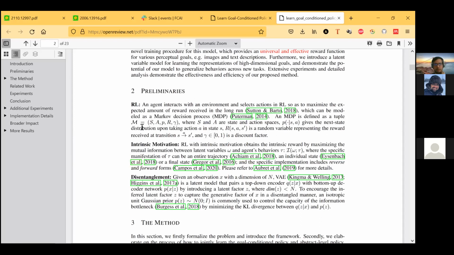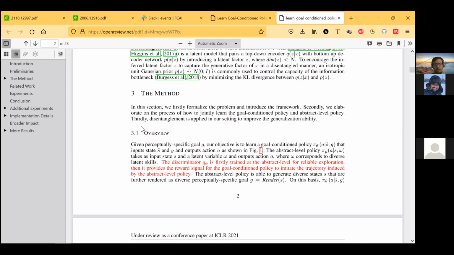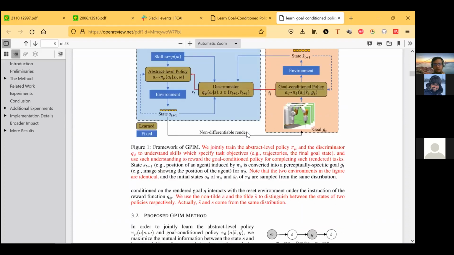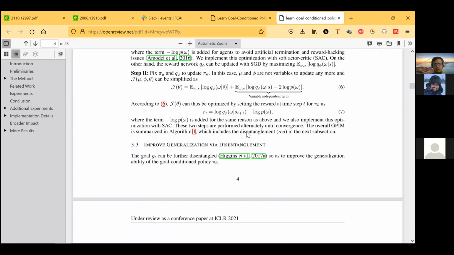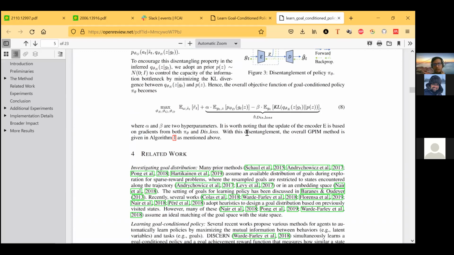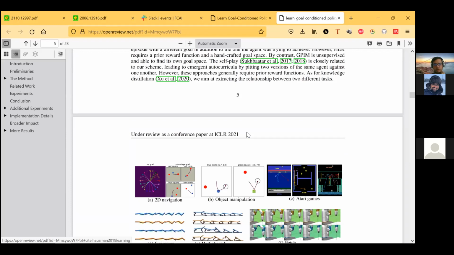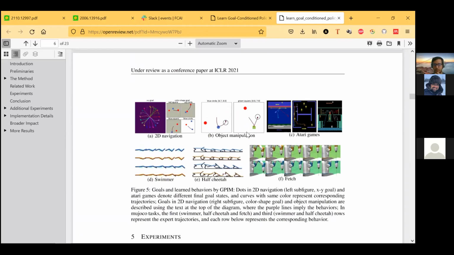And so this is the prior work from the same author, and it focuses only on this pi-mu and pi-theta to generate different goals, and it doesn't have the change in dynamics.